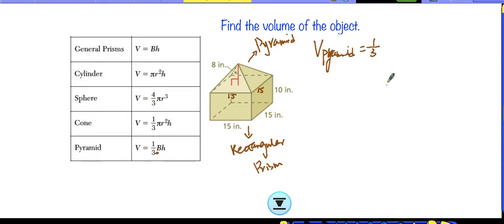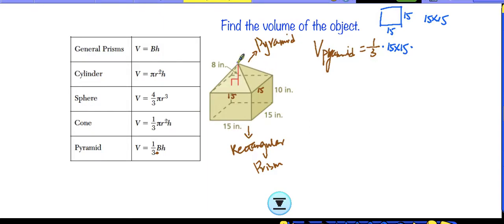That's why we put this different color, and the square: if I draw the square here, and I know this one is 15 and this one is 15, it's going to be 15 times 15, right? So it's 15 times 15 times the height. Remember, the height is the distance from the top point here to the center of the base. Do not think this is the height. This is not the height.